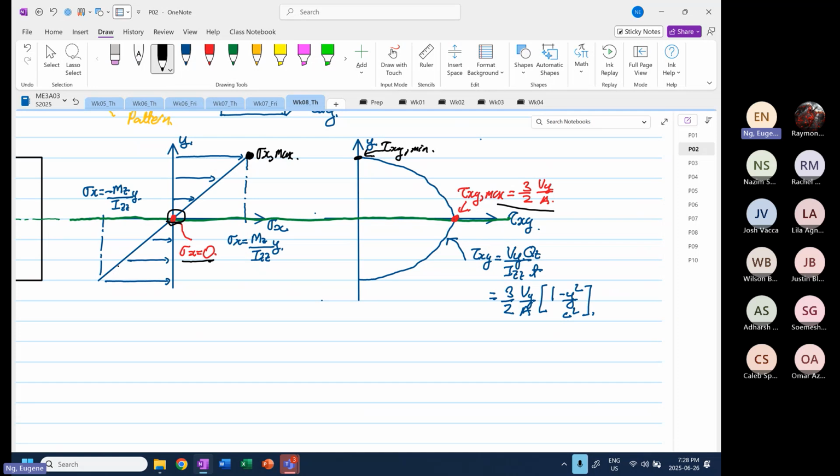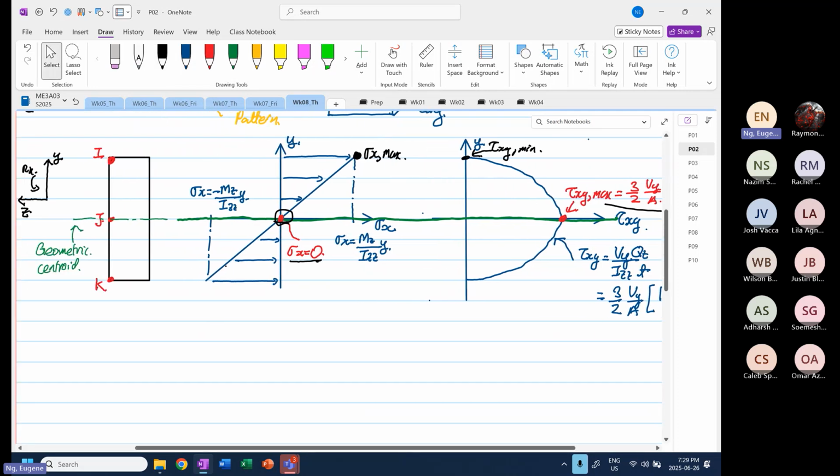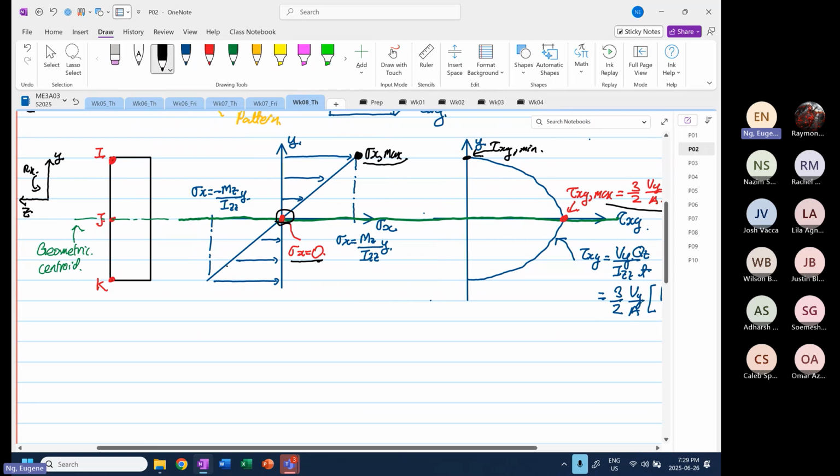And where Y is max, stress X is maximum, but your shearing stress is at the minimum. So we're going to have a bit of a dilemma later on, but don't worry about that first.